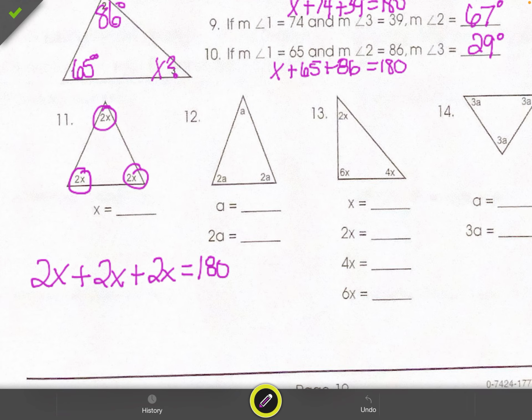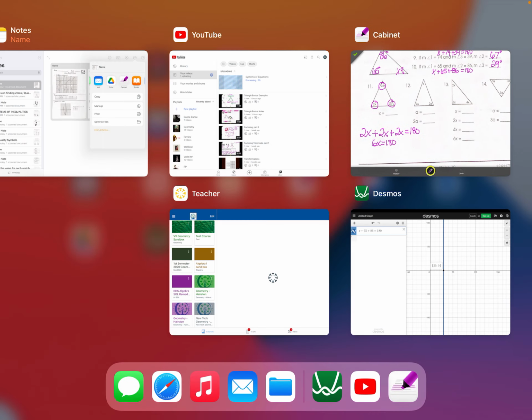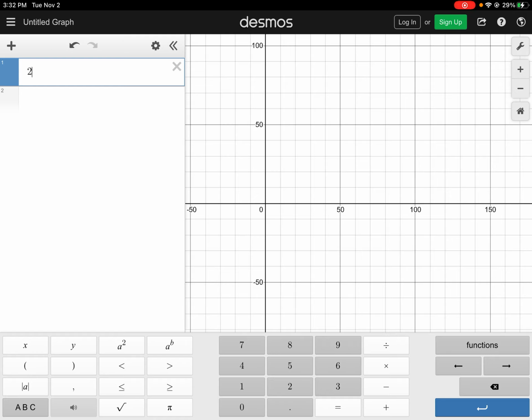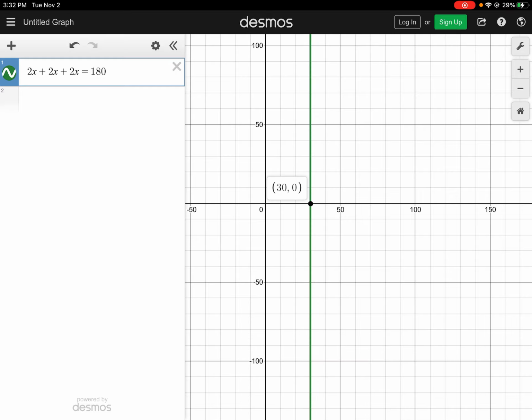Equals 180. Now, yes, you should be able to solve this by hand. That would be 6x equals 180, divide both sides by 6. But again, we love Desmos, we don't have to. 2x plus 2x plus 2x equals 180. Double tap.